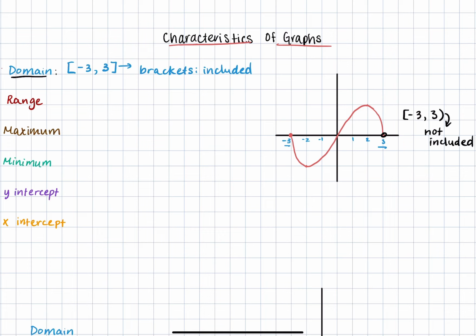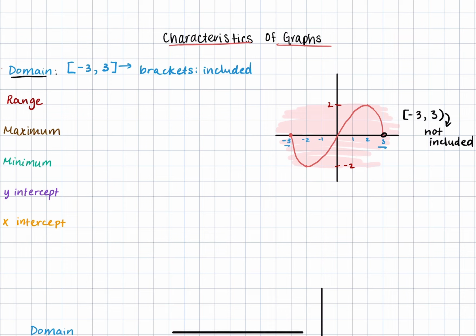Now let's move on to the range. Your range is very similar to the domain, except we're now looking at the y values. When we look at the y values, we have 2 here and -2 here. We have points all the way from -2, and finally we stop at 2.